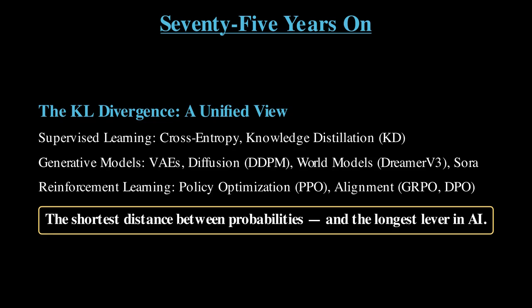GRPO extends this leash to multiple preference sources with a group relative KL. Rafailov's DPO finds a closed-form RLHF solution by linking KL to preference data. Dreamer v3 uses it for dynamics prediction, Sora for spatio-temporal diffusion. 75 years on, this one number is still the shortest distance between probabilities and the longest lever in AI.